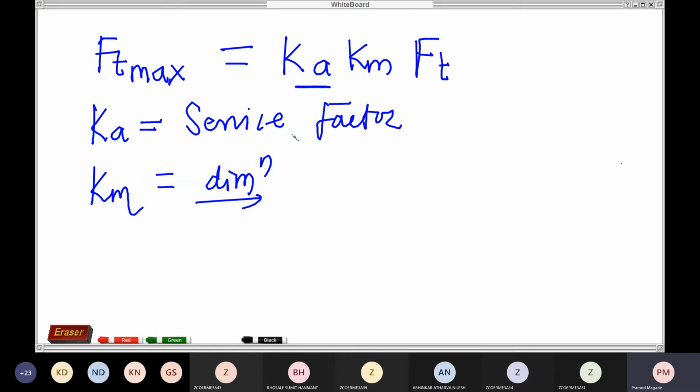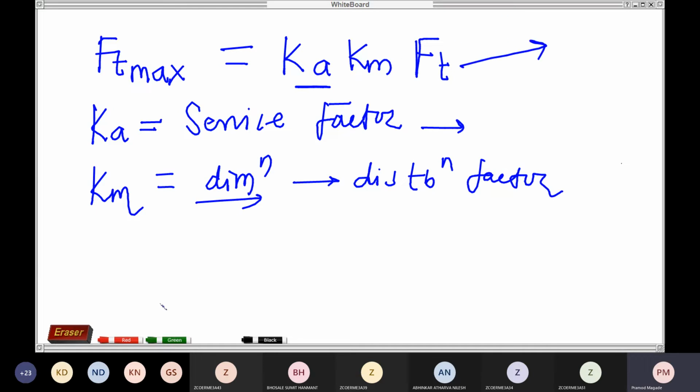So likewise they will give the chart, and according to that we have to consider the case in the example and take that value from the chart. How, I'll explain at the time of the example. So this is about Ka, the service factor, and Km, the load distribution factor. These are the two concepts.